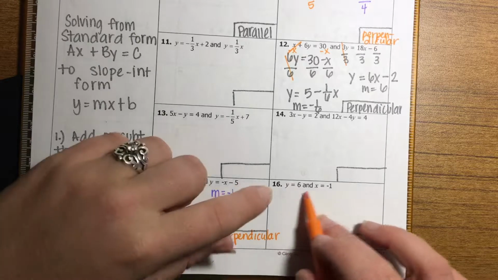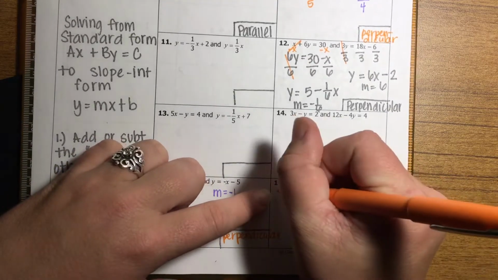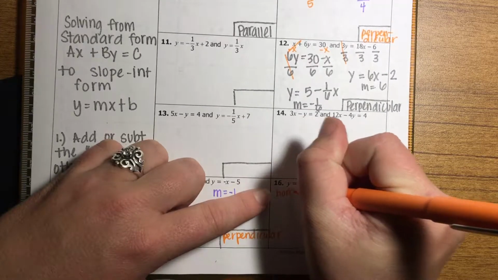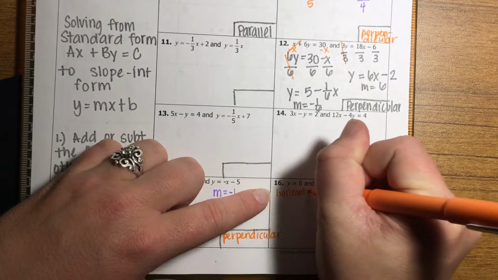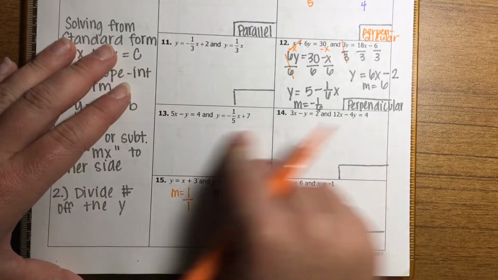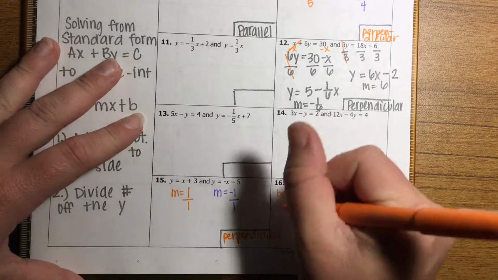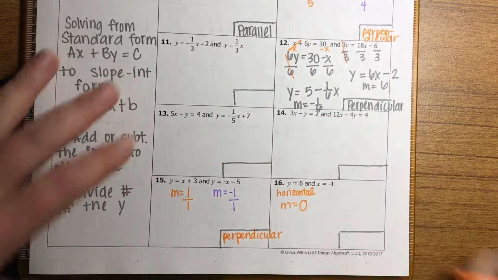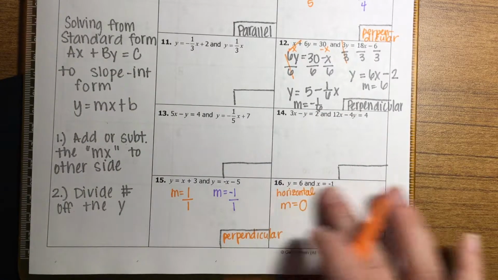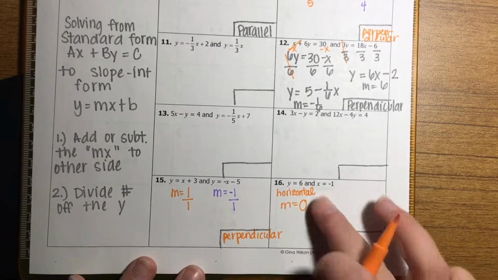If I'm talking about y equals 6, I know that is a horizontal line. Whenever I have a horizontal line and we think about slope, dude, that is 0 fun, which means our slope is going to be 0. Y equals 6 is that horizontal line, so my slope is going to be 0.